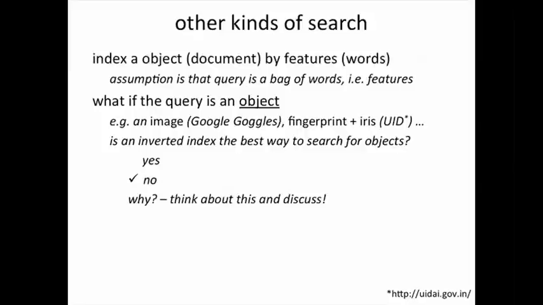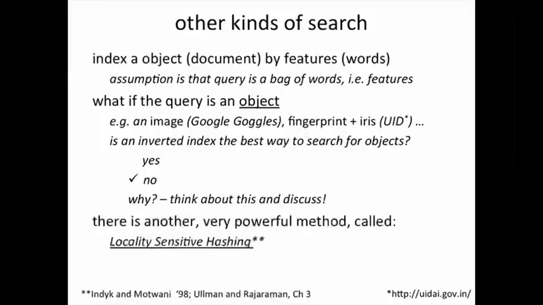But right now we're going to discuss another very powerful method called locality-sensitive hashing, invented by Indyk and Motwani in the late 90s and described in fair detail in the Anand Rajaraman book, which is a reference for the course.